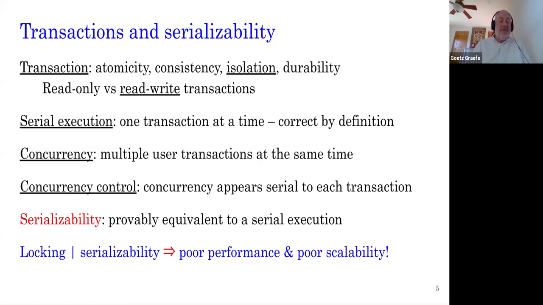And the common wisdom in the industry and in academia about this, and now you know it too, is if you use either locking or serializability, then you get poor performance and poor scalability. So I assume everybody in this talk knows that too now, at least for the time being.